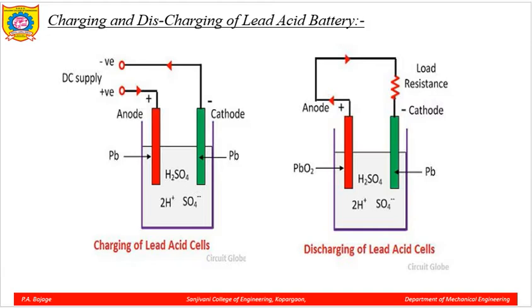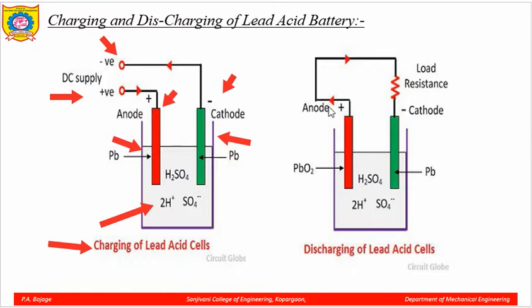How do charging and discharging take place? You can see this is the positive terminal, this is the negative terminal. Charging of a lead acid battery. This is the anode, positive, cathode, negative. On the negative terminal, the Pb, that is the lead, and the electrolyte, that is the sulfuric acid, react with each other in a chemical reaction wherein the battery is charged.